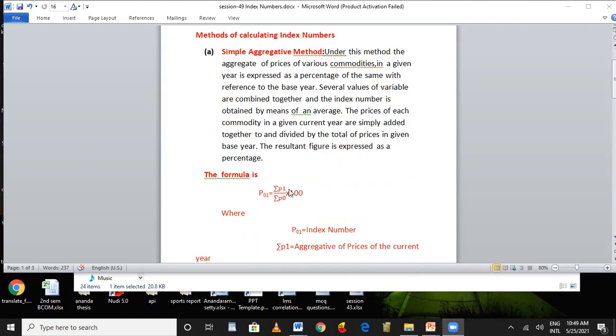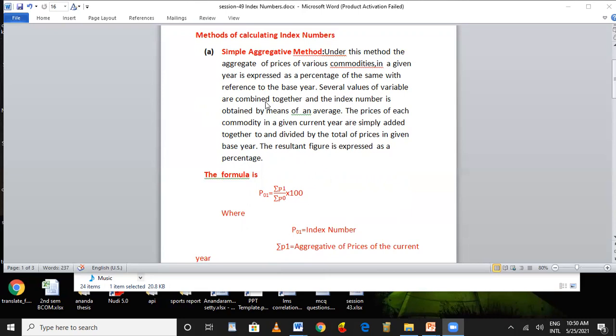P1 means the prices of the current year. The sum of the current year prices is termed as sigma P1. Then P0 is the base year's prices. If we divide the total of the prices of the current year by the total of the prices of the base year, it is expressed as a percentage by multiplying by 100.